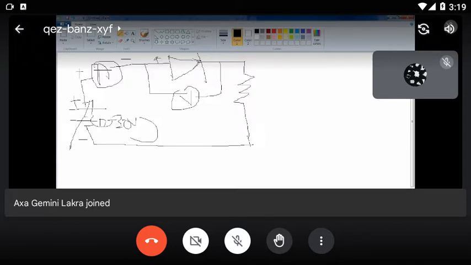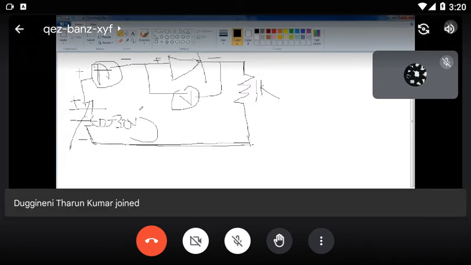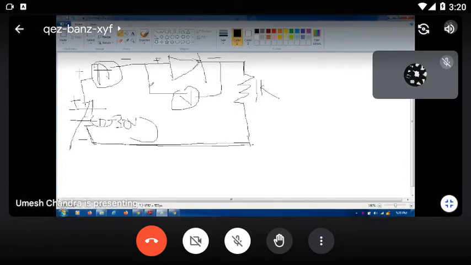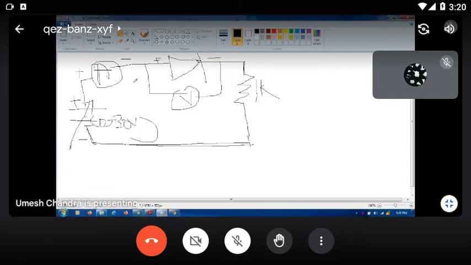The negative terminal of the diode, or cathode, is connected with the 1 kilo ohm resistor, then the other terminal of the 1 kilo ohm resistor is connected with the negative of the power supply. And here is the voltmeter, connected in parallel. The positive terminal of the voltmeter is connected with the positive side of the diode and the negative terminal of the voltmeter with the negative side of the diode. Positive to positive and negative to negative. If you connect it reversely, you will not get any voltage.